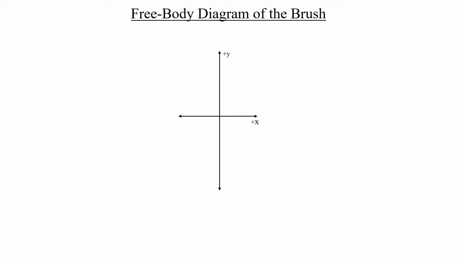We have our familiar x and y pointing in the directions that we've seen before, and here are the following forces that we have to deal with. We have the weight of the brush pulling directly down. We have the force of the window pushing back on the brush, which is the normal force, which points to the right.